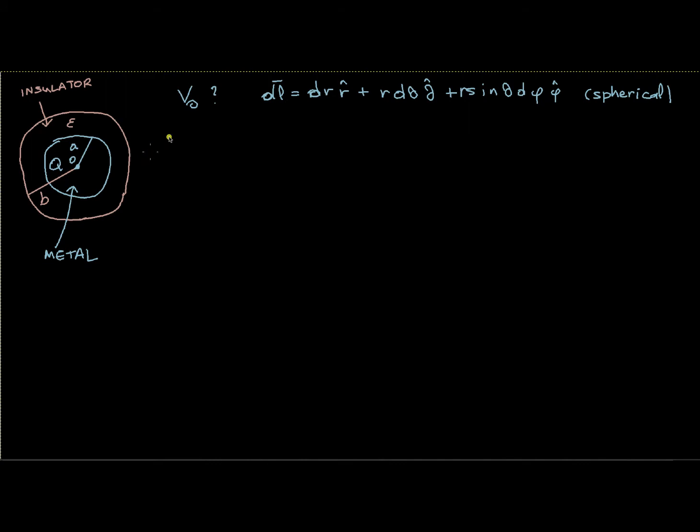Since my goal is to find the potential at the center, I'm gonna start with that. I know, potential. The convention is that the potential at the point, like the one I'm looking for, is really defined as a potential difference.